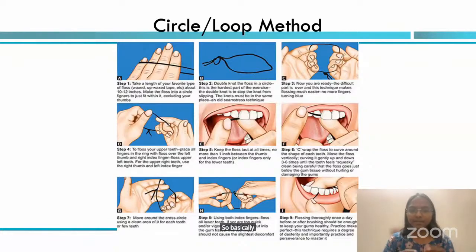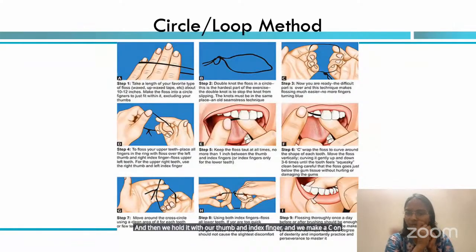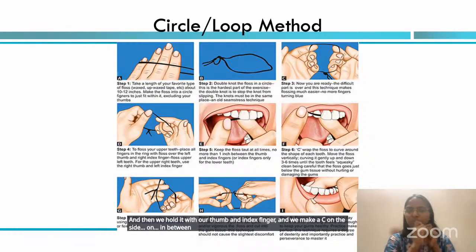So basically it has a loop, a spool or a circular method. The circular method is when we take 12 inches of floss, we tie it, then with our four fingers on both the hands, we hold the circular floss that we've prepared, and then we hold it with our thumb and index finger, and we make a C on the side, in between the tooth.